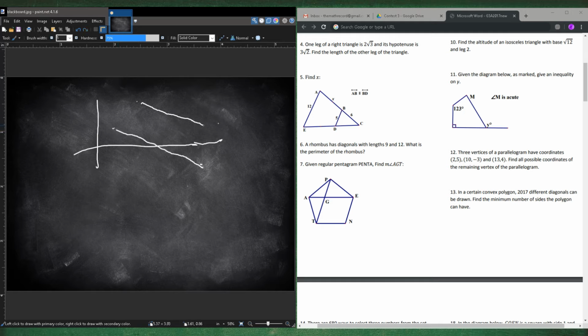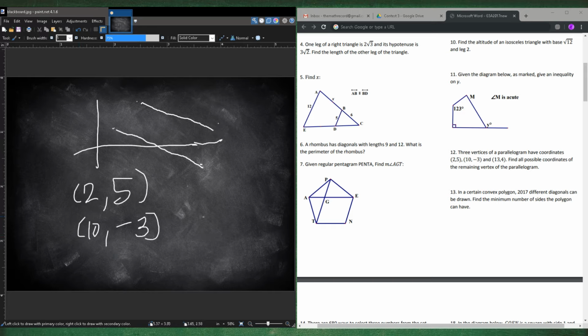So let's say the first one is this diagonal. This is (2, 5) and this is (10, -3).